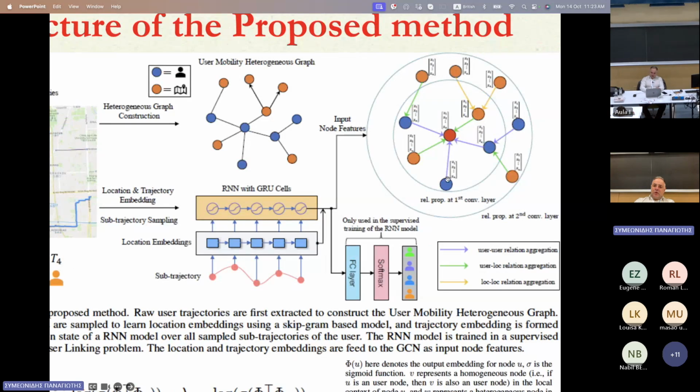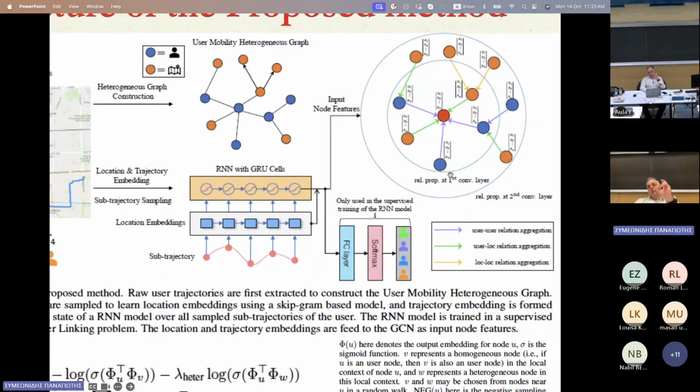As you can see here, the convolution layers are two. The first convolution layer is this. The second convolution layer is the nodes which are at 2 hops distance.